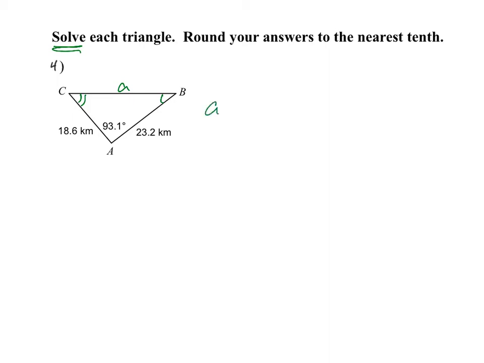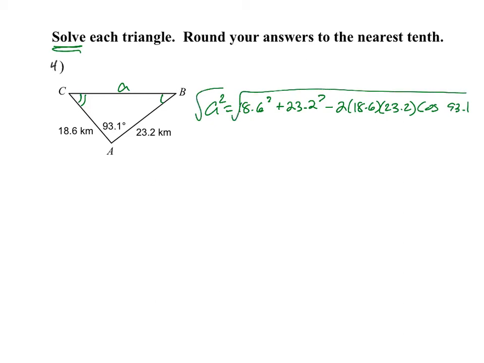So A squared equals 18.6 squared plus 23.2 squared minus 2 times 18.6 times 23.2 times cosine of 93.1. Right? So the square root of everything right there is going to give me A. So A in this case is going to be 30.5 kilometers.